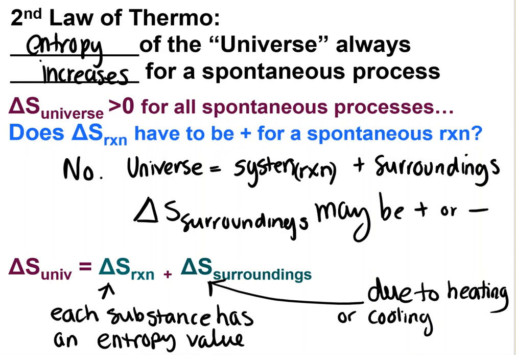In other words, whenever the reaction gives off heat, it's changing the entropy of the surroundings, and in a favorable way if it's giving off heat. So that's what we'll be putting together, is how the heating and cooling of the surroundings affects whether or not it's spontaneous.